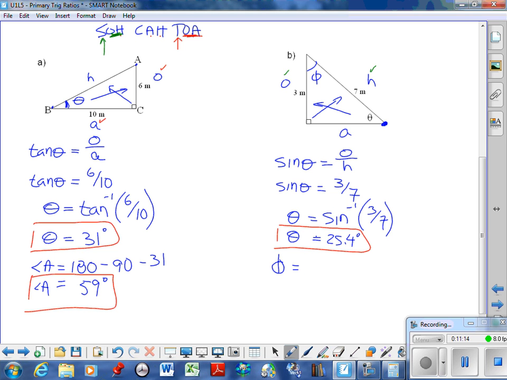So phi is equal to 180 minus 90. And some people are going to say, well, isn't it just 90 minus the angle all the time? Yes, it is. So we have 90 minus 25.4, which is 64.6 degrees. There we go. So there are two answers for that particular question.